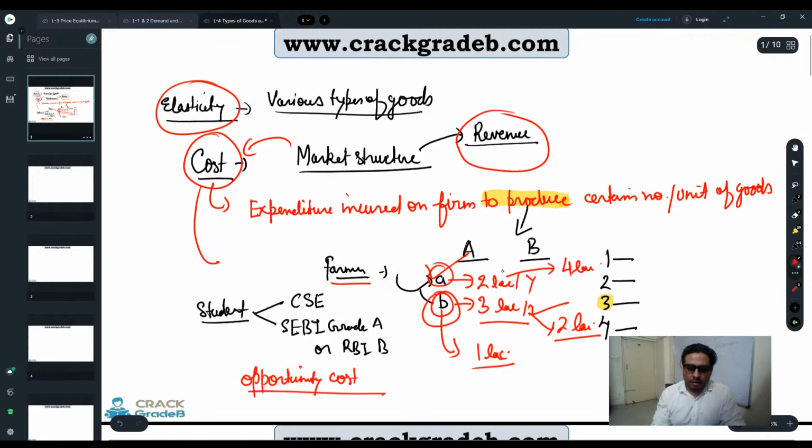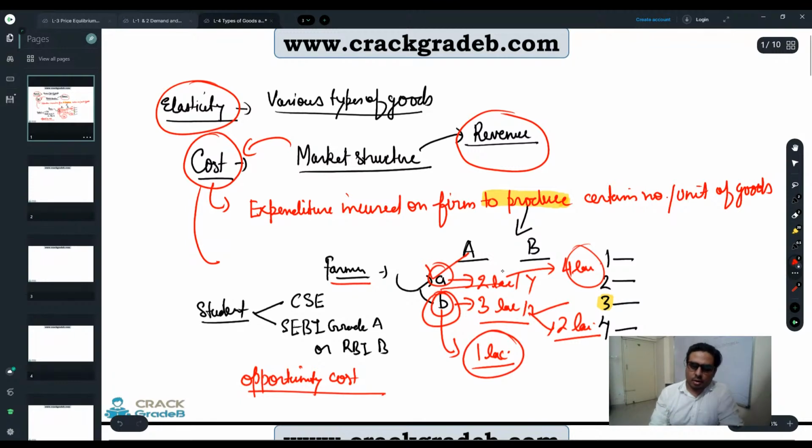He thought that everybody is going to produce B. Then there will be excess supply of product B and low supply of product A, and its price is going to increase. So I will go for this one. Despite the profit showing low, he took that decision. So in both cases, farmer one went for B and he thought that the opportunity cost is 1 lakh.